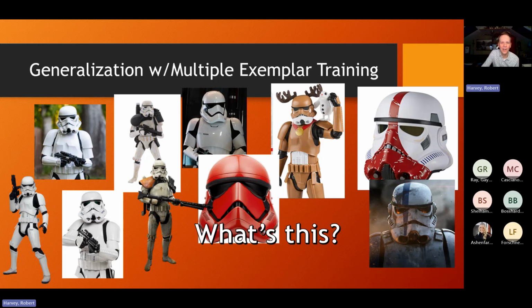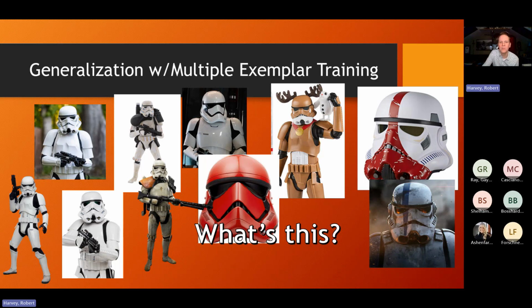And like Chelsea pointed out earlier, it's a difficult and maybe potentially useless discrimination, right? Do our kids need to be able to tell the difference between a stormtrooper and a clone trooper? Almost certainly not. Now, if they're huge Star Wars enthusiasts and they're going to go to the big Star Wars convention, then they should be able to. But most kids, this is not good.